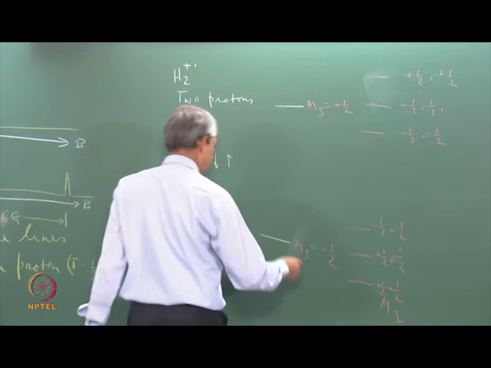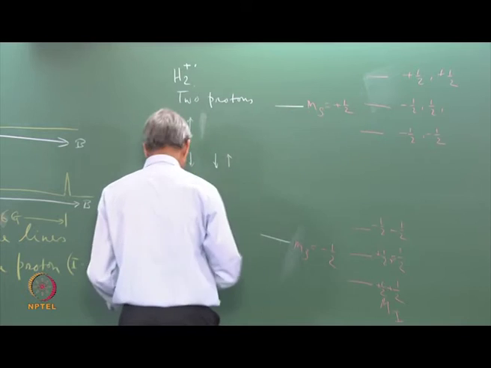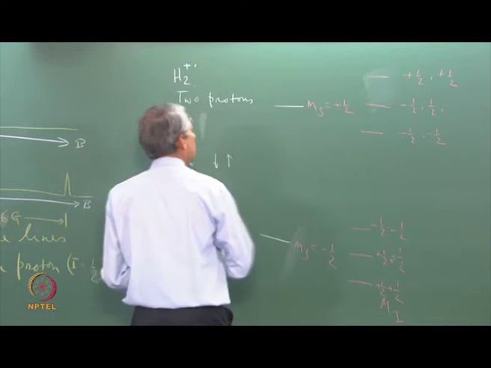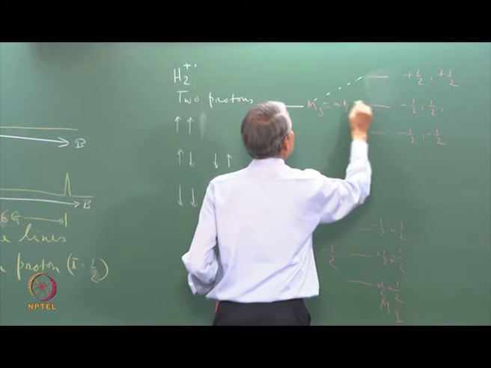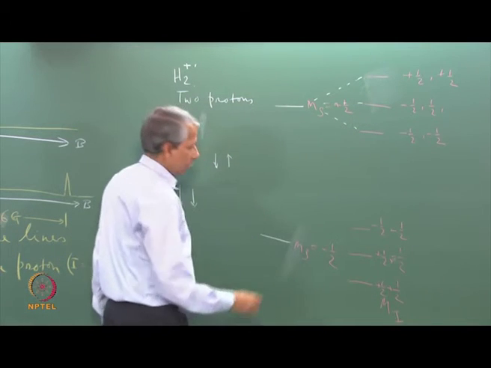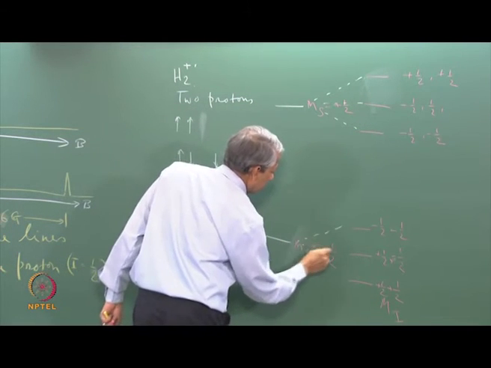So, I can draw the splitting of the energy levels due to the nuclei in this fashion, that this is split into 3. So, this energy level also splits into 3.